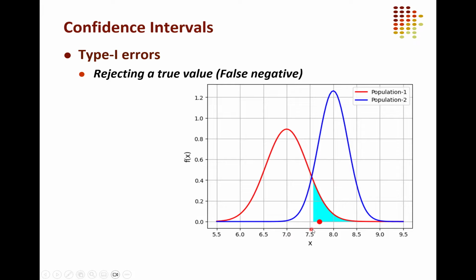So if we reject this one, which is the conclusion of our alternate hypothesis, such an observation is considered a false negative with respect to our population 1, that we are going to consider as a member of the blue population, population 2. So rejecting a true value is a false negative thing. We call it type 1 error.